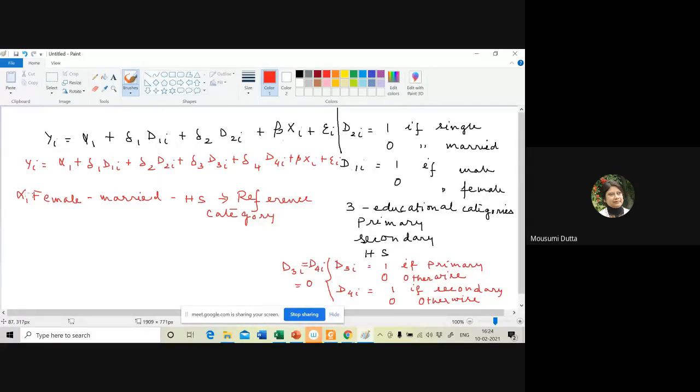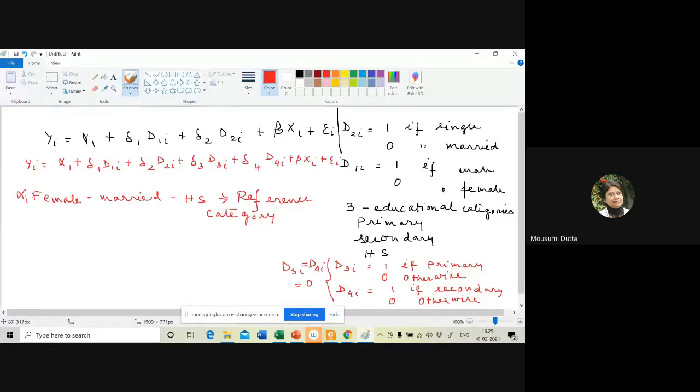And if I get alpha 1 plus delta 1, D1i equal to 1 means male. For the male married HS, we get that intercept and we will be able to compare these two intercepts. Then if D1i is equal to 0 and D2i is equal to 1, we consider that intercept and compare that group with the reference category.